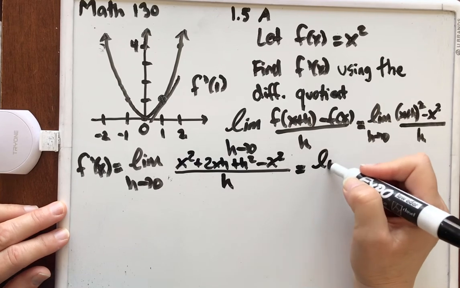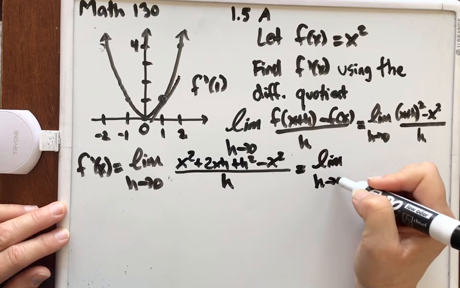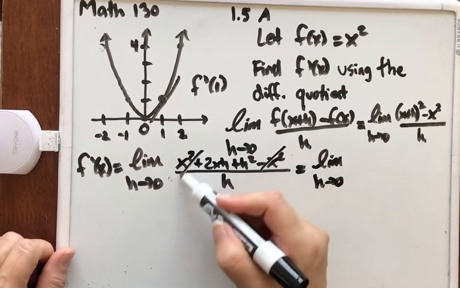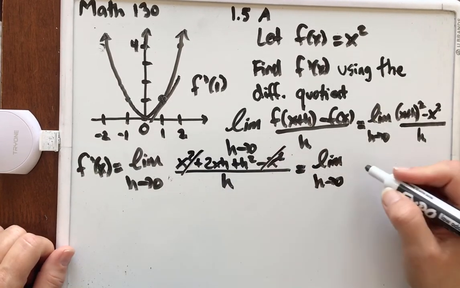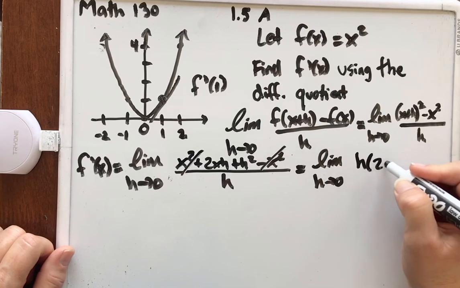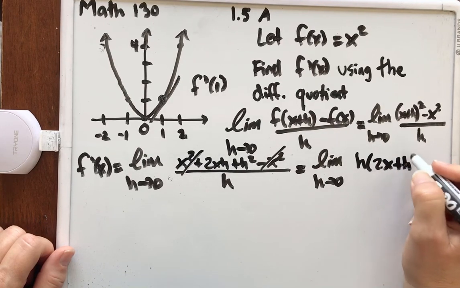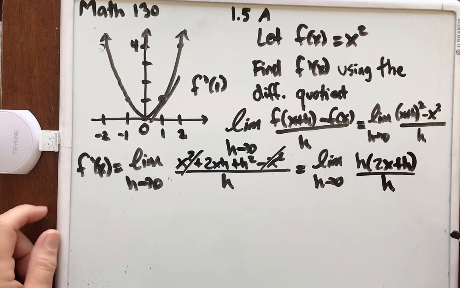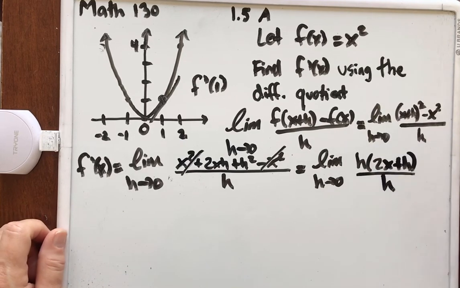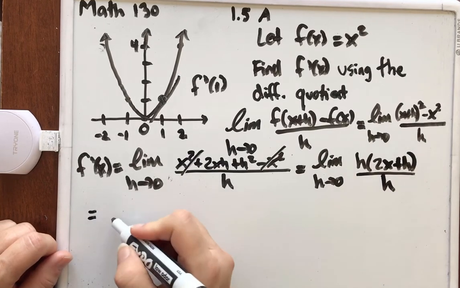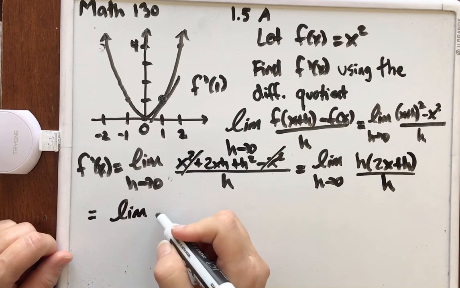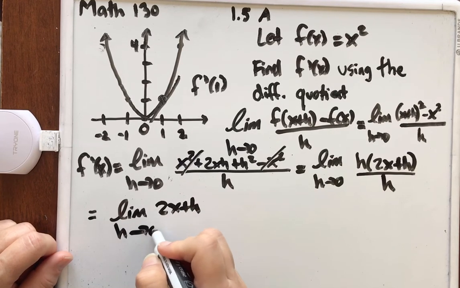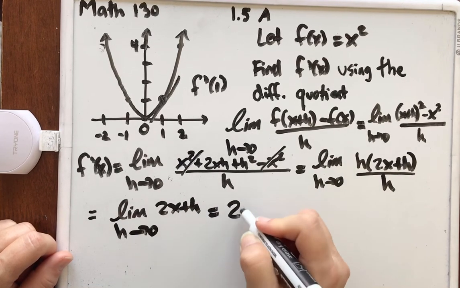And then we're going to cancel out our x squares, factor out our h on top. We've seen this before, so I'm going through it a little faster than normal. Factor out our h, and we're left with the limit as 2x plus h as h approaches 0, and the answer is 2x.